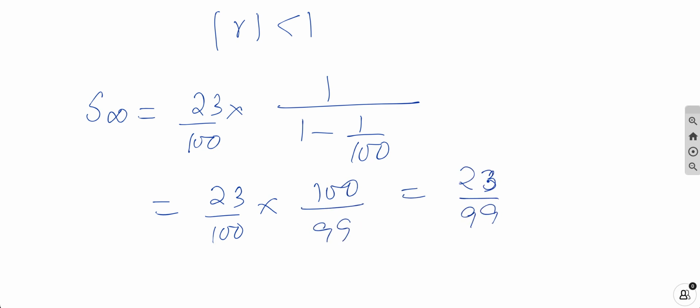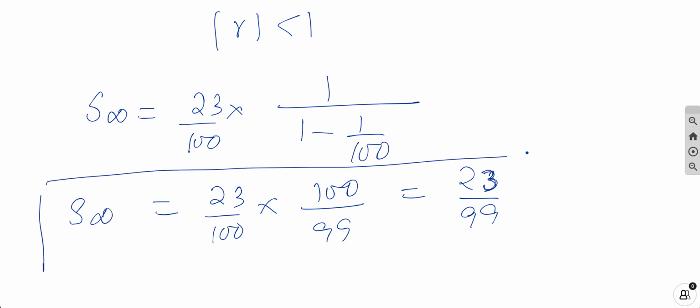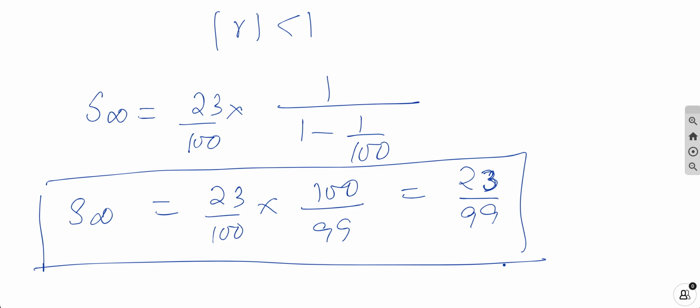Do you remember we used to do it by a slightly different method in middle school? But yes, it was always all nines in the denominator whenever we converted a recurring number into a rational number. And that's what we can do using the concept of sum to infinity. Fractals are a very common example when we look at sum to infinity.